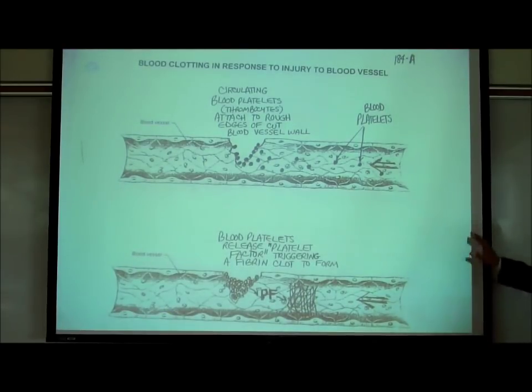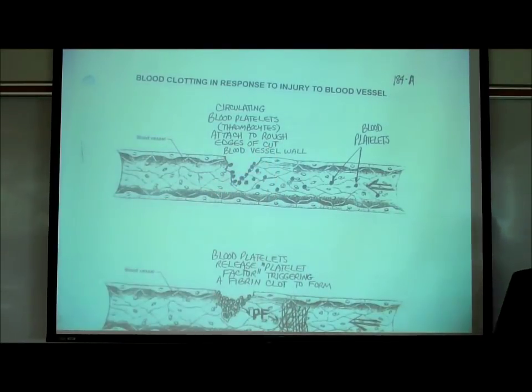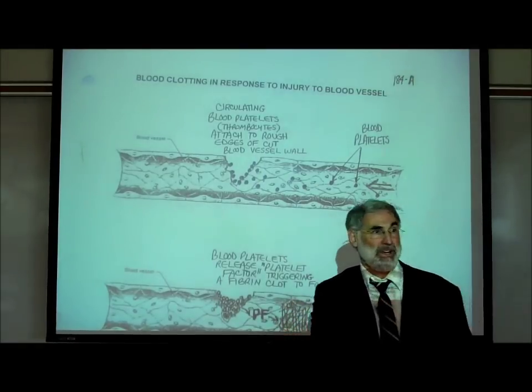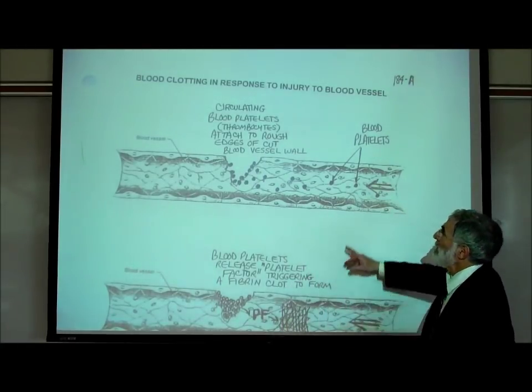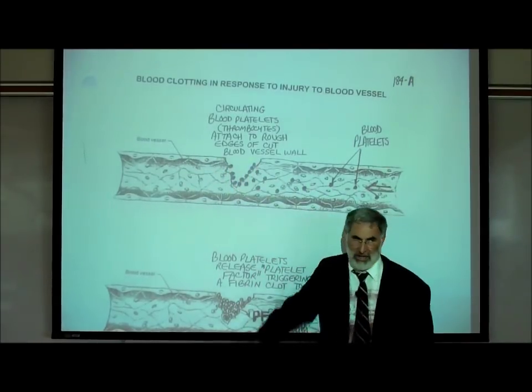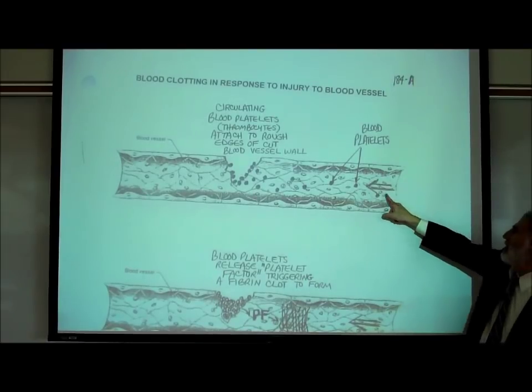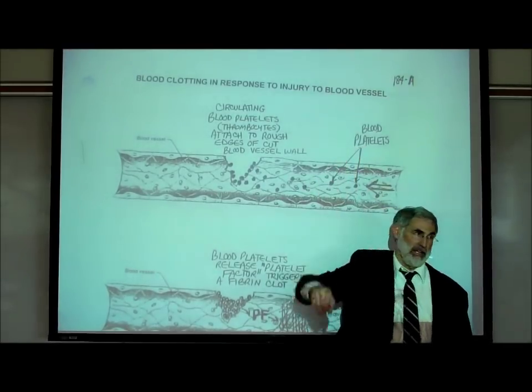All right. Now, on 184A, let's first of all tell you a little bit about what happens when you cut a blood vessel. We cut blood vessels all the time. We've all had paper cuts and cut ourselves. So here it shows a vessel, and the wall of the vessel has been cut. Circulating in our bloodstream all the time are these little guys called blood platelets.